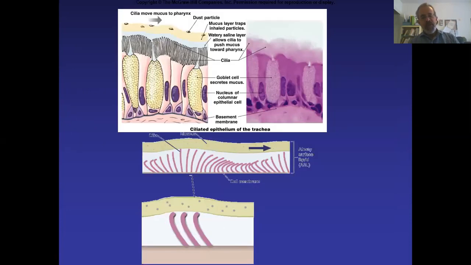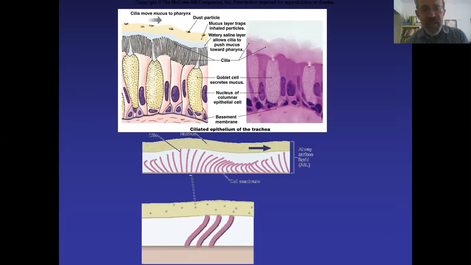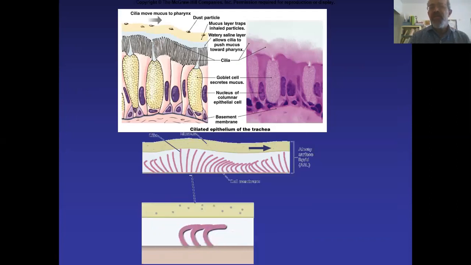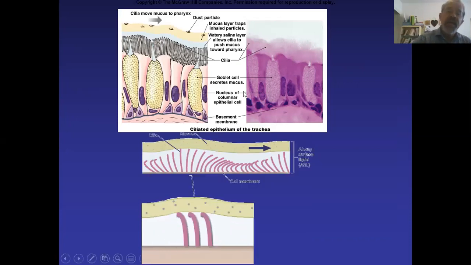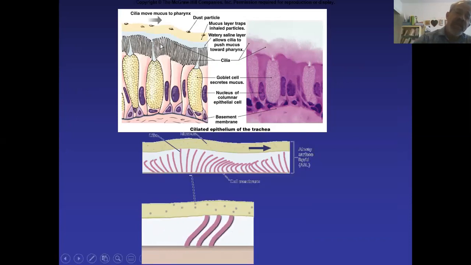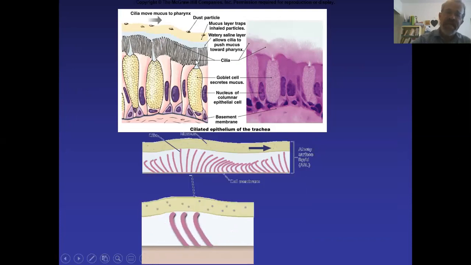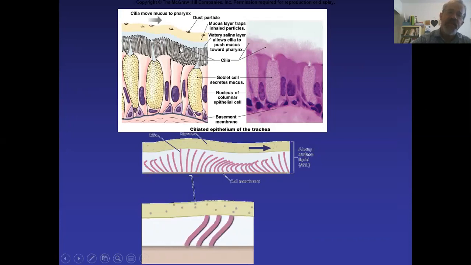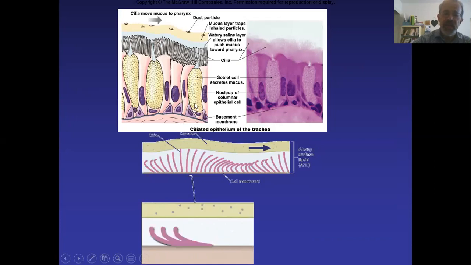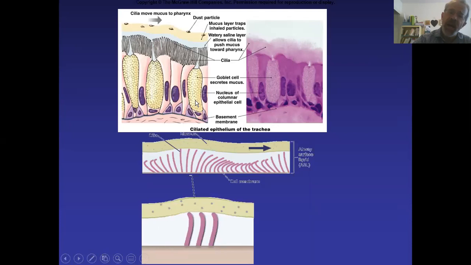All right, so taking a look, this is a perfect example of what we call the respiratory epithelium, or the lining of the respiratory tract. And the size of the cells will vary somewhat, but typically we have these ciliated cells interspersed with what are called goblet cells. And the way much of this cleaning works is these goblet cells will squirt out mucus.